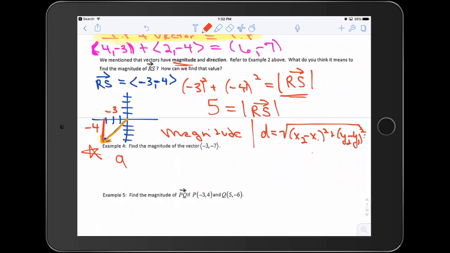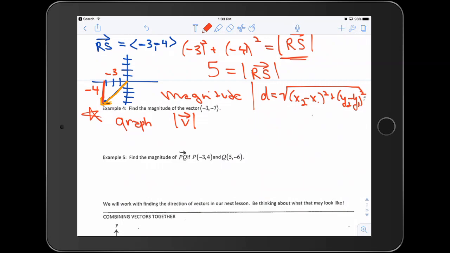So make sure you graph it, graph the vector, and then find the magnitude of this vector. And since there's no name, I'm just going to use V for the vector. Right here it says find the magnitude of PQ. If P is this point and Q is this point, this is where you could use the distance formula if you want, or you can find the component vector of this point, or this vector.